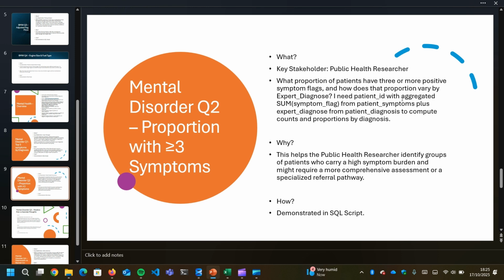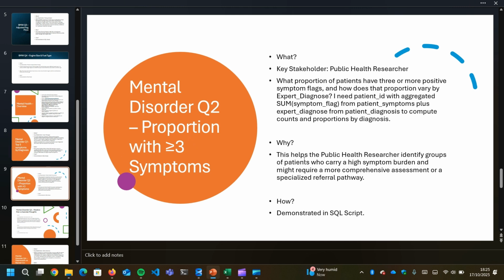I need patient ID with the aggregated sum of the symptom flags from patient symptoms plus expert diagnosis from patient diagnosis to compute counts and proportions by diagnosis. Basically, what this question is all about is the proportion with greater than or equal to three symptoms.